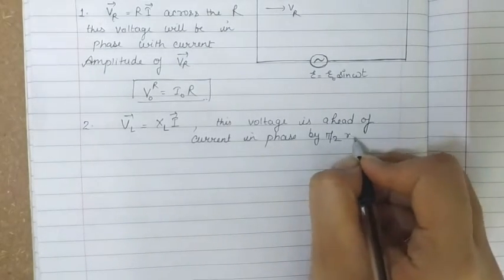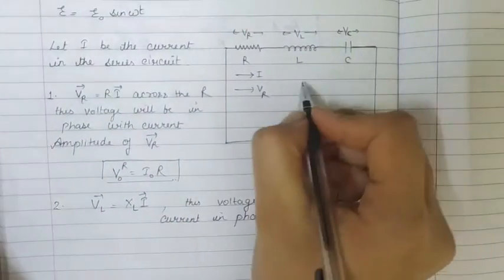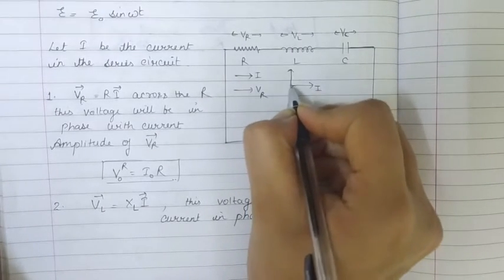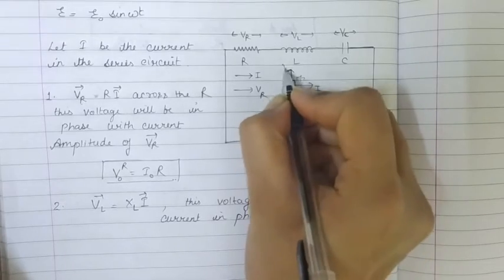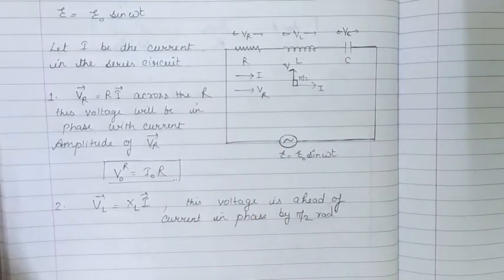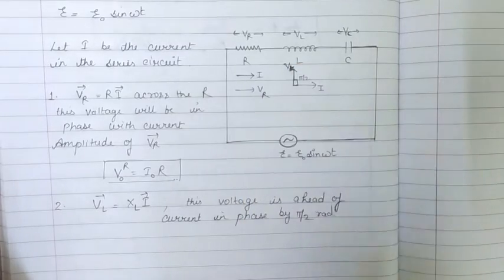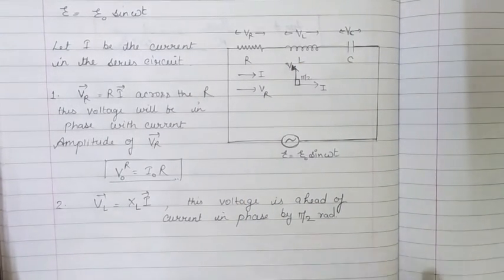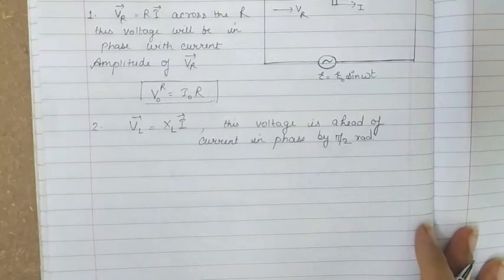That means if this is the direction of current, then voltage is pi by 2 ahead, voltage is leading, and this is the direction for voltage VL.